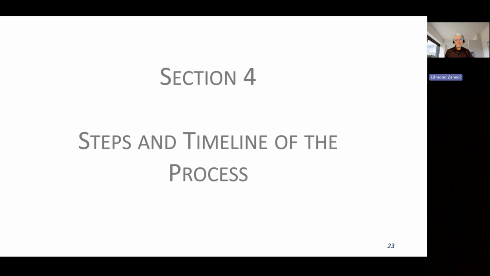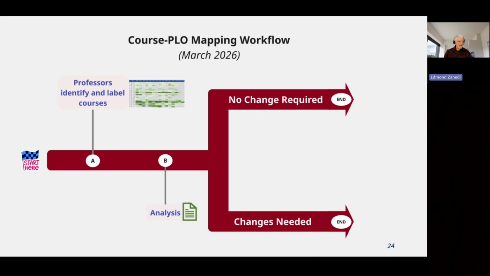Now, we're going to move on to the process itself, what the workflow looks like from start to finish and how it fits into the review timeline. You remember this horizontal bar. It's the same process. Anything that is below this bar is my responsibility. Anything that is above this bar is your area.